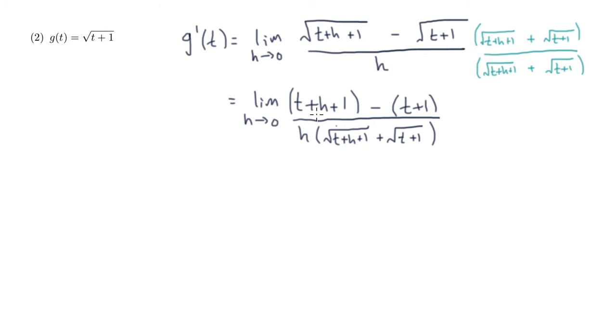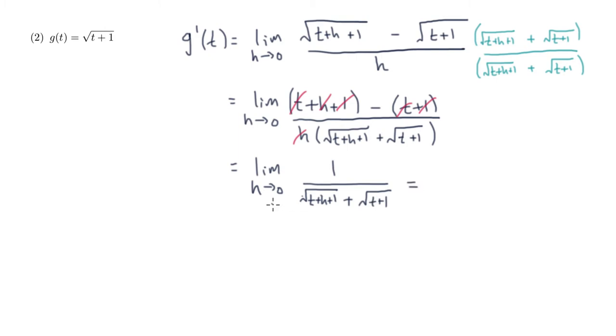Okay, and what happens? We have t minus t, 1 minus 1. So we're left with a factor of h in the numerator. That's going to cancel the factor of h in the denominator. So we're left with something very manageable. The limit as h goes to 0 of 1 over square root of t plus h plus 1 plus square root of t plus 1.